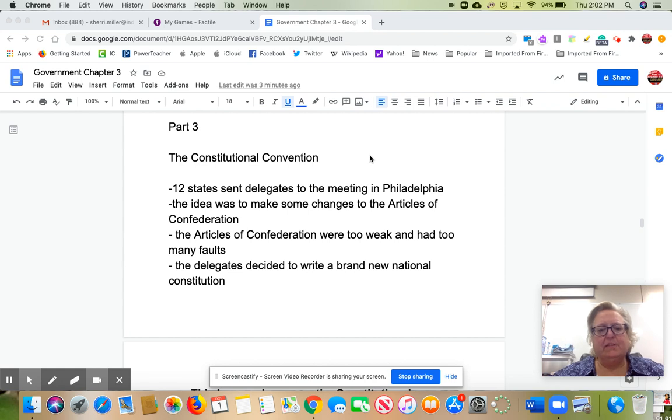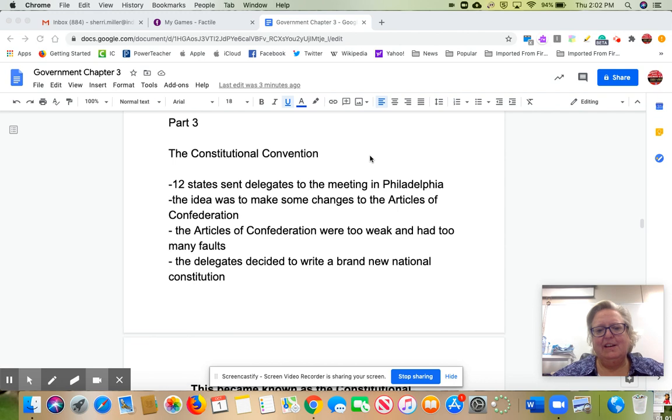The Articles of Confederation were way too weak and having too many faults. Remember, they could make laws, they couldn't enforce them. They owed money to different places, and they needed to pay bills and things like that, but they couldn't enforce collecting taxes. So they were really, really weak. So really, they were ineffective.